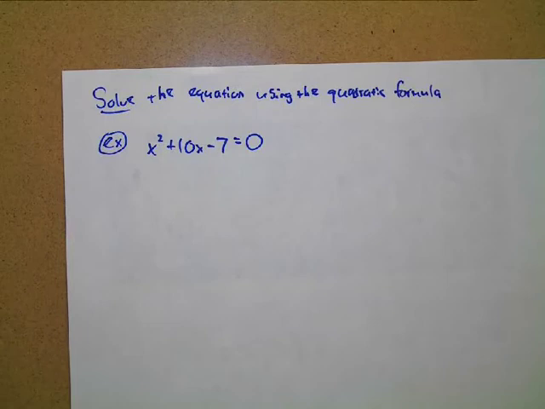For example, could we factor this? So look at your a and your c. Your a is 1 times -7, so 1 times -7 is -7. Can you think of 2 numbers that multiply to make -7 and add to make 10?